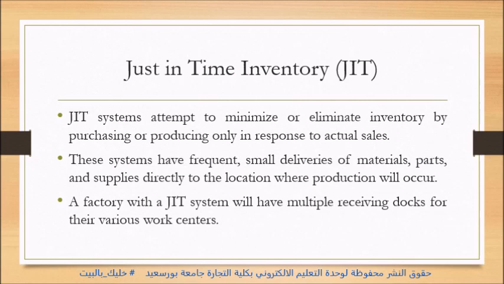Consequently, just-in-time systems are characterized by frequent delivery of small amounts of materials, parts, and supplies directly to the specific locations that require them when they are needed, rather than by infrequent bulk deliveries to a central receiving and storage facility. Therefore, a factory using a just-in-time system will have multiple receiving docks, each assigned to accept delivery of items needed by nearby work centers.